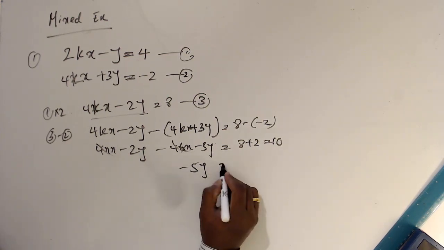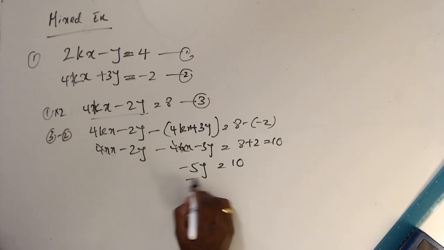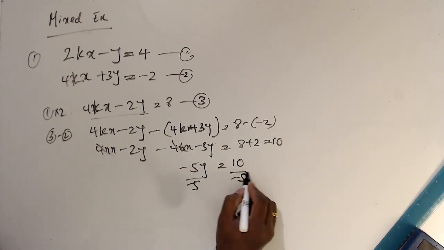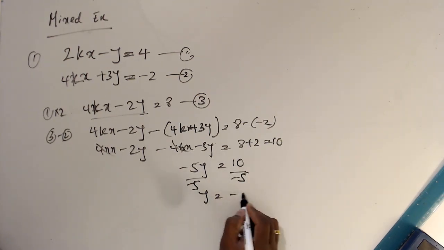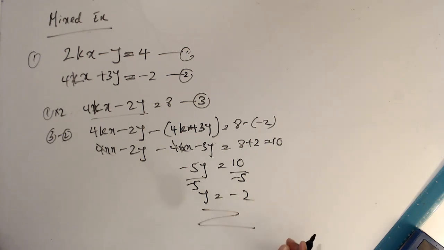Minus 5y equals 10. I divide both sides by minus 5, then y equals minus 2.